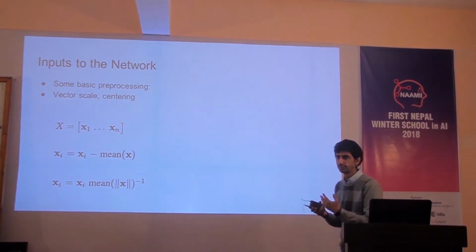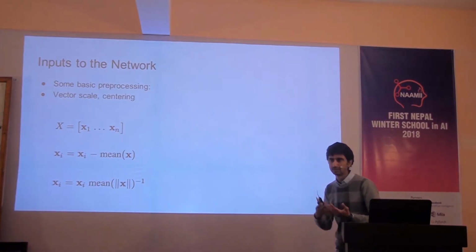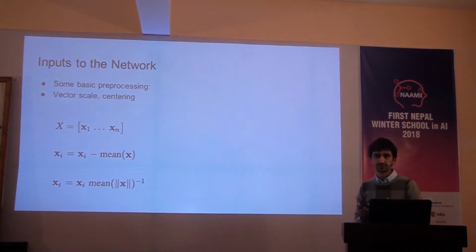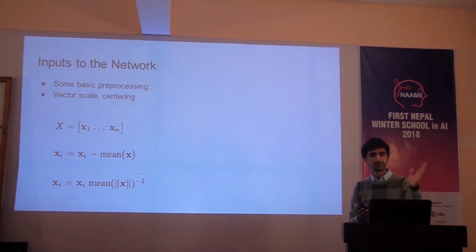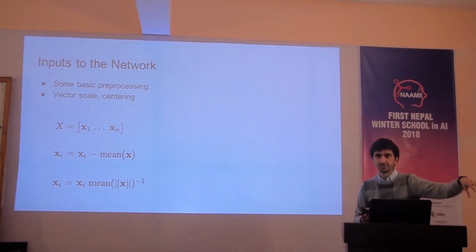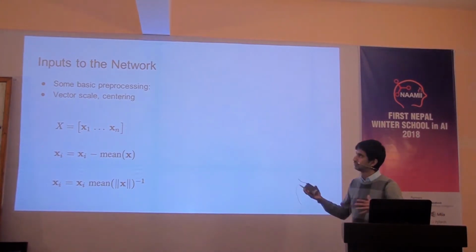But we want to learn in a way that makes the scale not relevant. And also translation. For example, the point cloud could be far away or at the origin or wherever. So we want to center the sets first, and fix the scale, and then we go for learning.